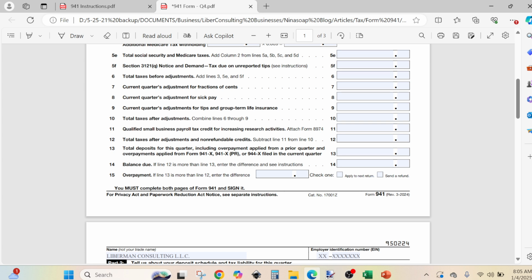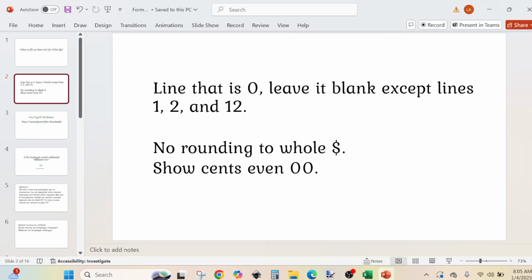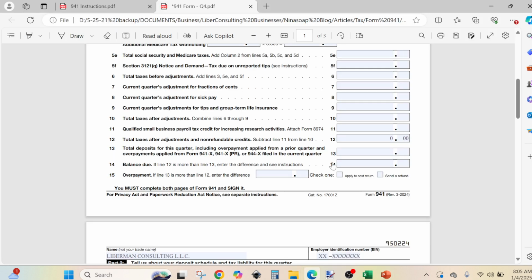Line 12, total tax after adjustment and nonrefundable credits, which is taking line 10 minus line 11, and it is 0, so we are going to put 0. It is your tax liability for the quarter, so we are going to enter 0 there. Again, based on the instructions, for lines 1, 2 and 12, you do not leave them blank, you actually put 0 there if they are 0.